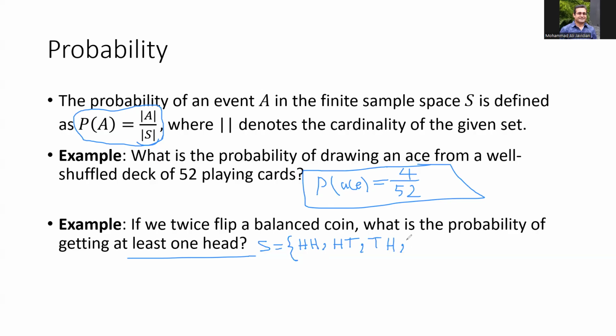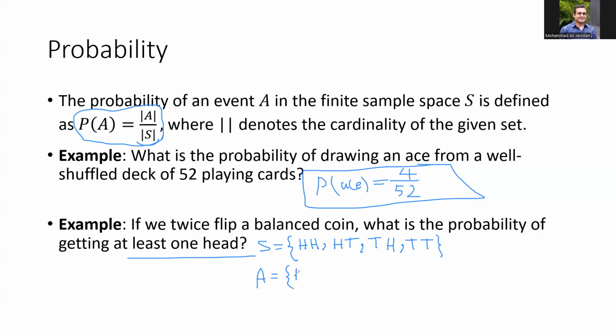And TT, which means the first one is tail and the second one is tail as well. That's S. What is A in this case? It is the possibility that you get at least one head, that means one head or more.